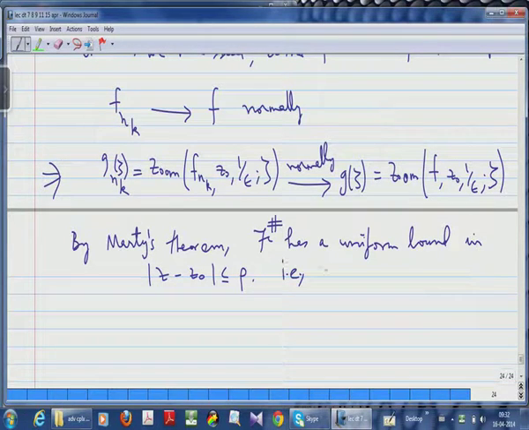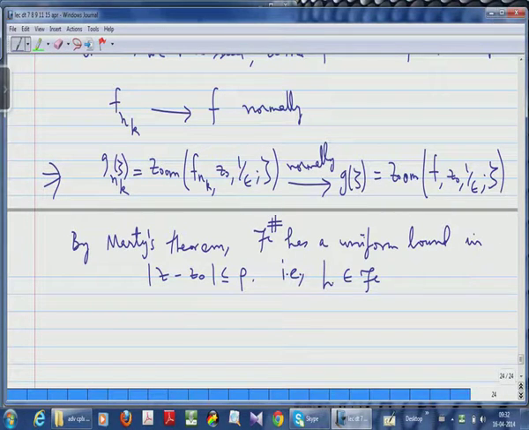So what does it mean? It means that if you take any function in script f, let me not use f, let me use h, because I have already used f for the limit.